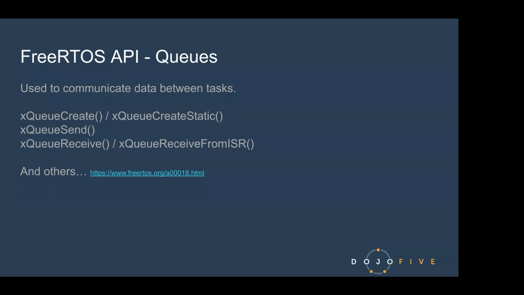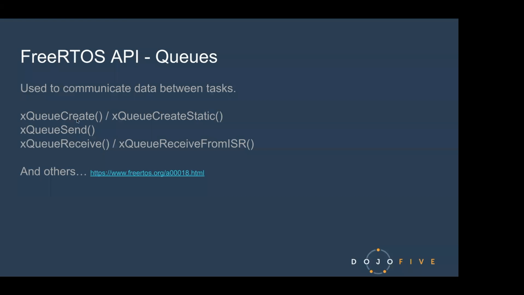It lets FreeRTOS know that it's going into a blocked state, and then FreeRTOS knows that it's blocked on a particular queue. Then when somebody comes along and calls queue send and sends something to that queue, FreeRTOS knows to unblock the task or tasks that are blocked on that queue, because they become ready to run at that point.